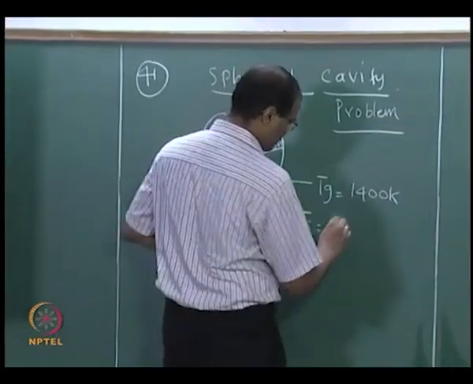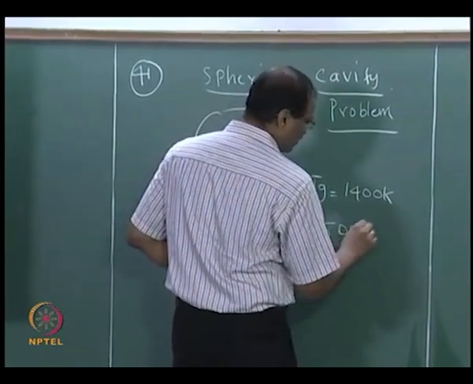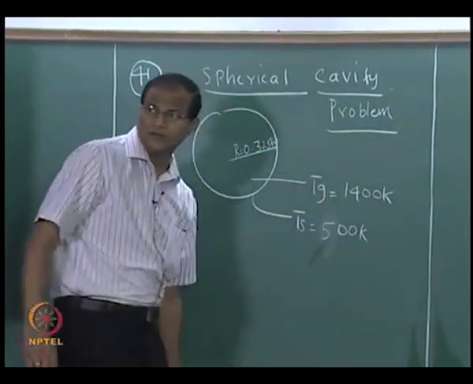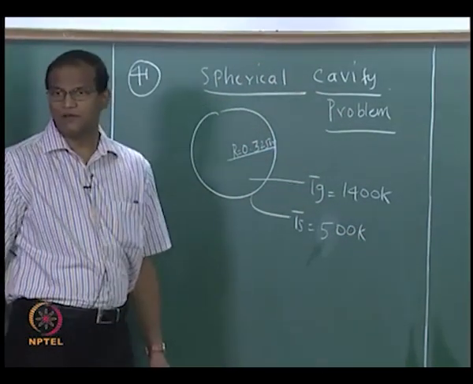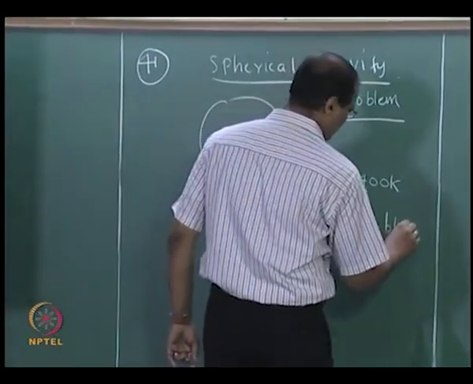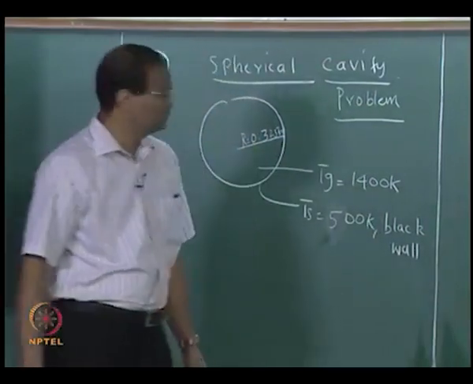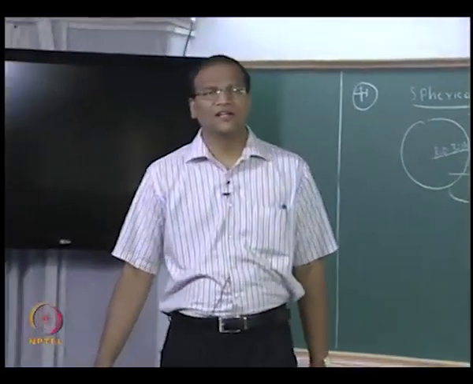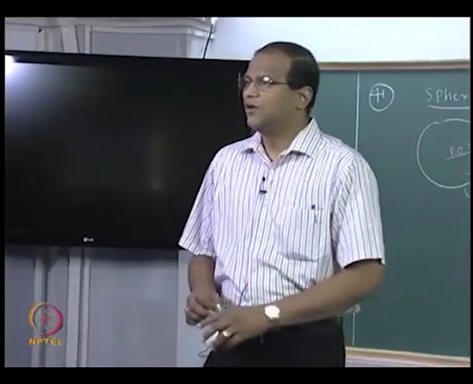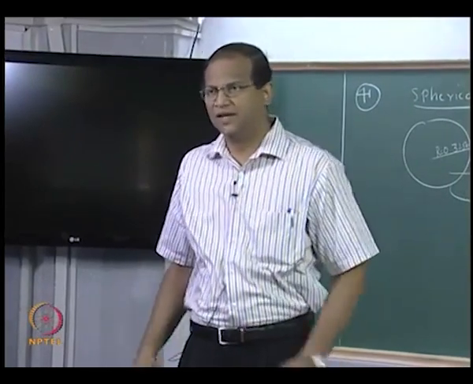The wall is at 400 Kelvin, right? It's a black wall, I gave it to be a black wall. So, yesterday we looked at the charts repeatedly and arrived at the epsilon g, that is the emissivity of the gas.